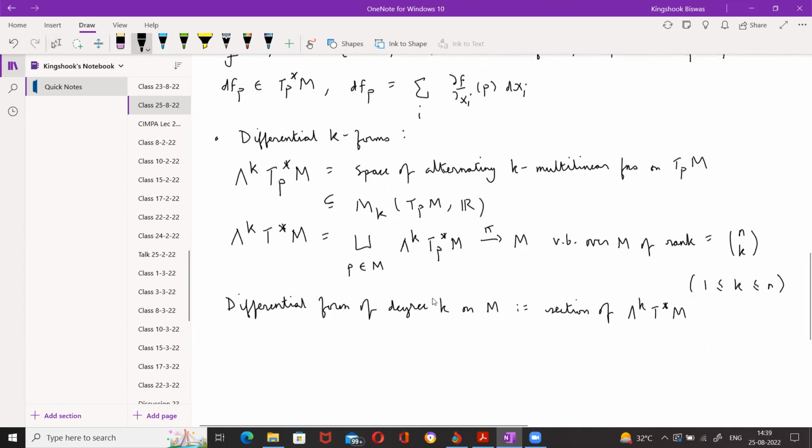We will denote by Ω^k(M) the space of sections, the space of k-forms on M.